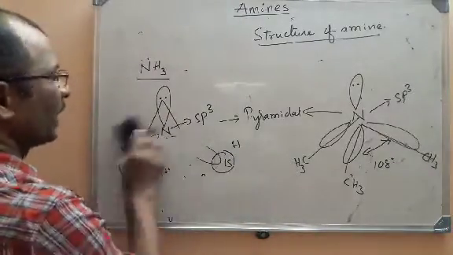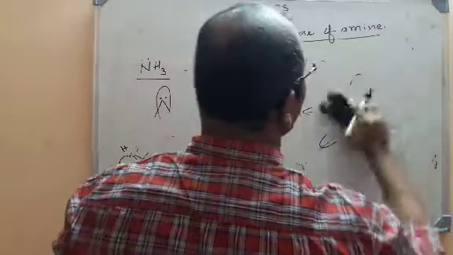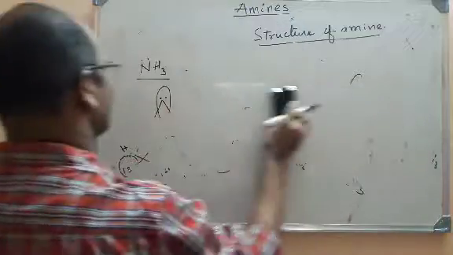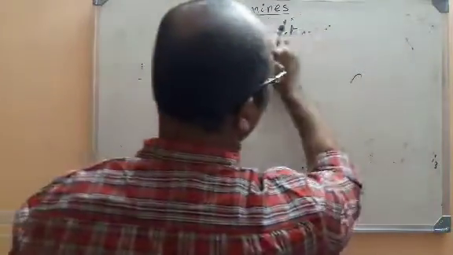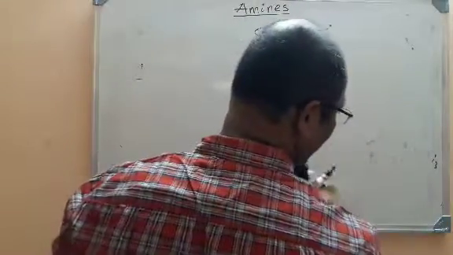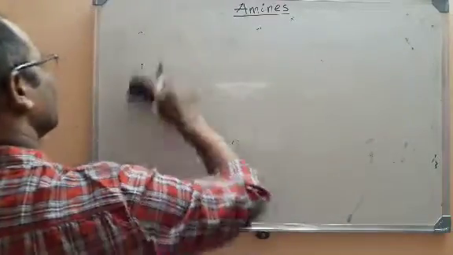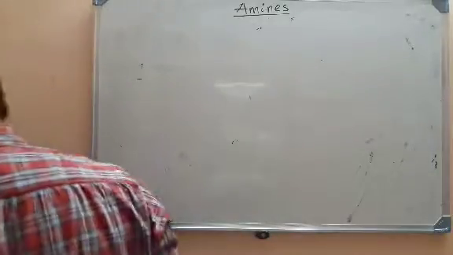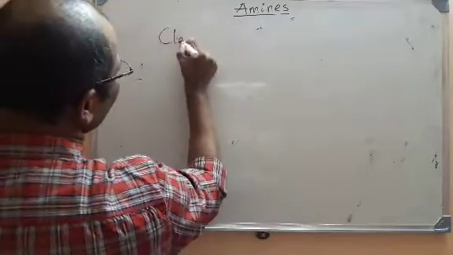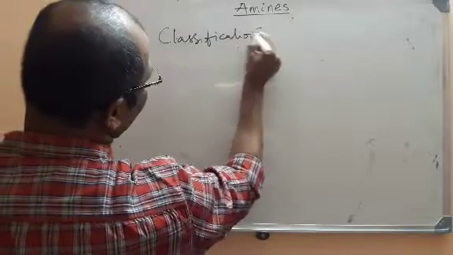Now let us go to the next part of the lesson. The next part of the lesson is the classification of amines. You know, in organic chemistry, the organic molecules can be classified in many ways. So here also we have two to three types of classification, but there is one major classification in the syllabus, that is classification into primary, secondary, tertiary amines.